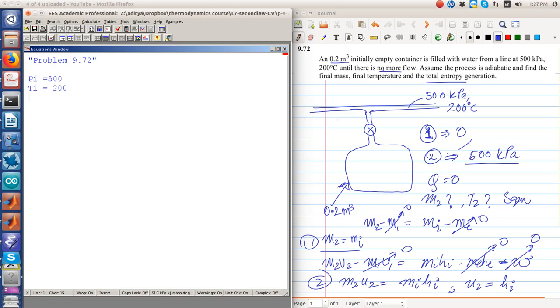So U2 equal to Hi, where Hi equal to enthalpy of steam, T equal to Ti, P equal to Pi. So this should give me what U2 is. Also I know what P2 is, it is equal to 500 kilopascal. Now using this I should be able to find what the specific volume is.